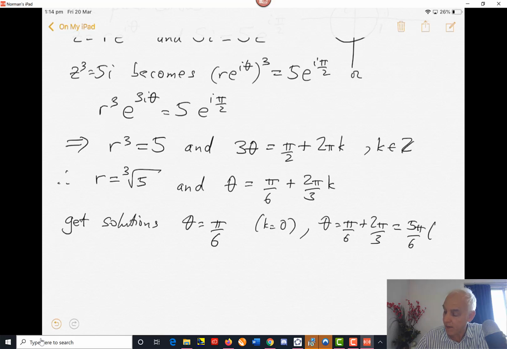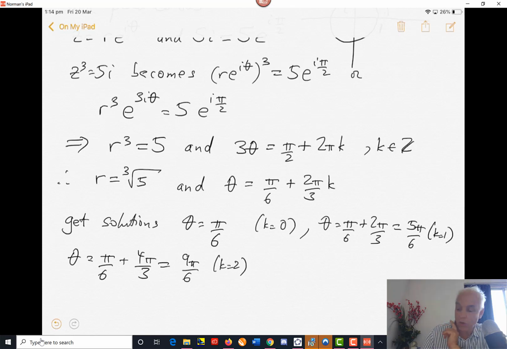And when k equals 2, we get pi over 6 plus 4 pi on 3, which is 8 pi on 6 plus 1 pi on 6, so it's 9 pi on 6.